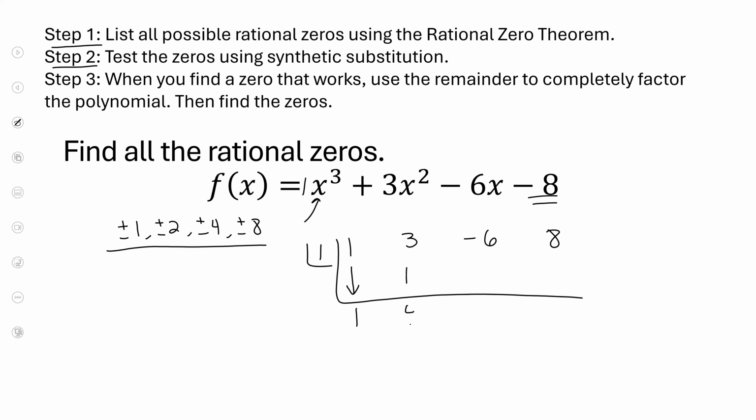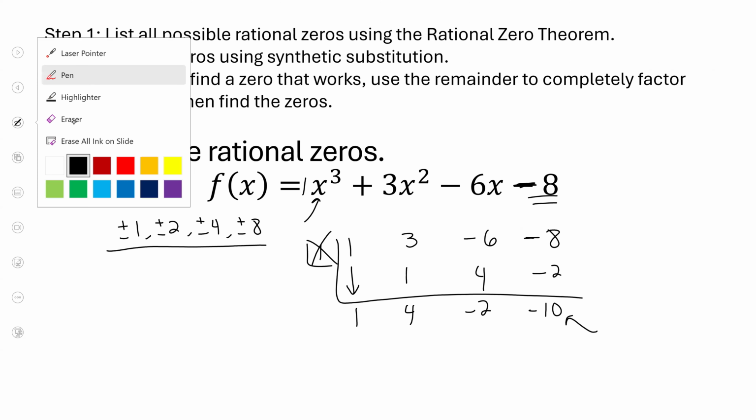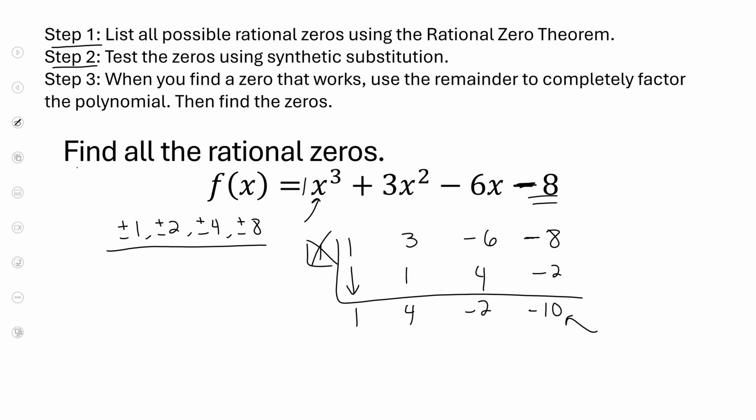Multiply, add, multiply. Oh, this is a -8. Add, multiply, add. Okay, so I did not get 0 from my remainder. That means 1 is not a 0. Now I have to try again. So let me try a different one. Synthetic division.